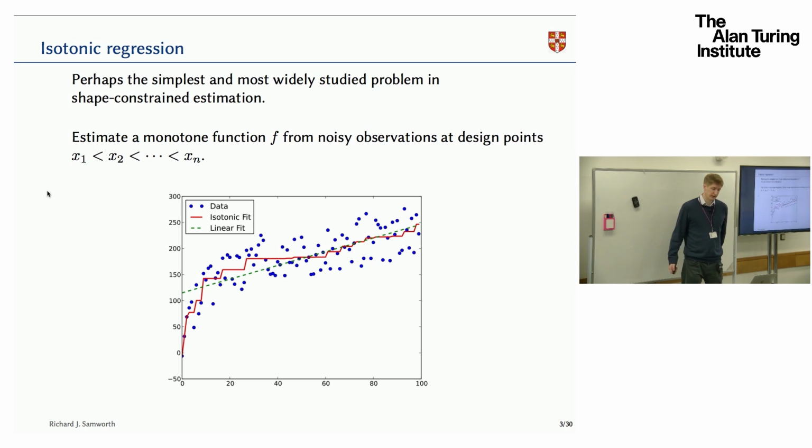Certainly in economics, it's very standard to assume monotonicity for utility functions and things like that. I think in a lot of biomedical applications, genetic examples, these are very reasonable assumptions.